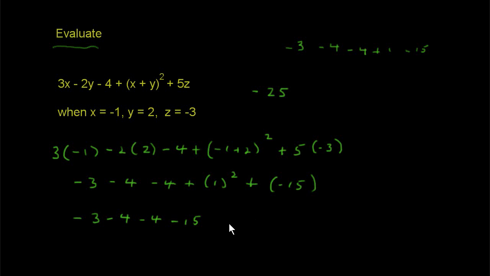But we'll combine all those together, and then we're going to add 1 to it because 1 squared is 1. So let's see, what do all these add up to? That's -7 minus 4, that's -11. Minus 15, I think I get -26 here. Plus 1 is -25. So -25 is the correct answer.